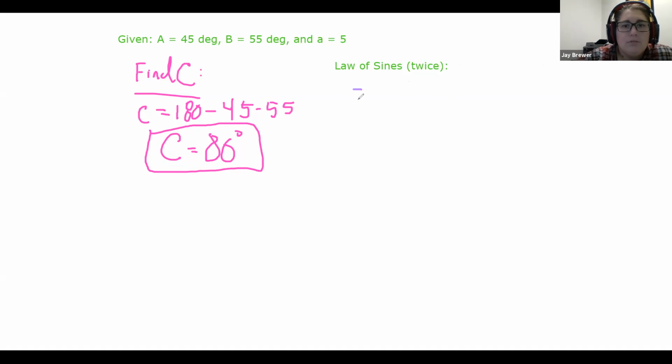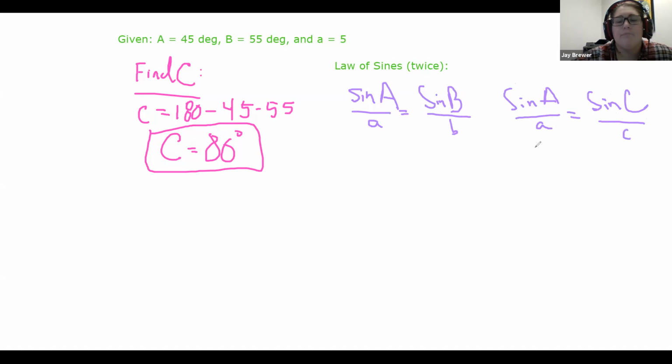So we're going to do sine of A over a equals sine of B over b. But now we can also use sine of A over a to find sine of C over c.